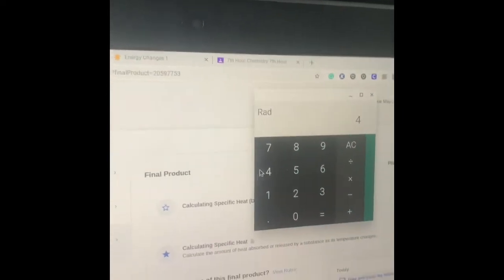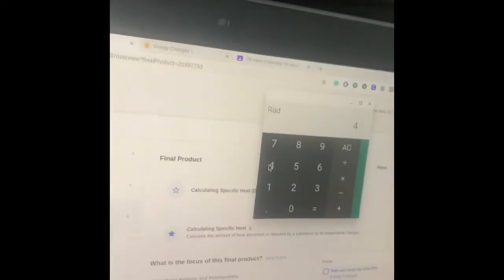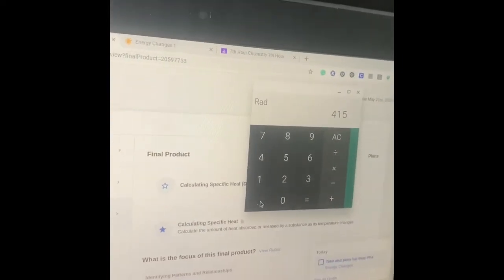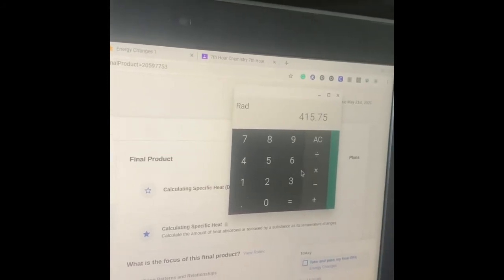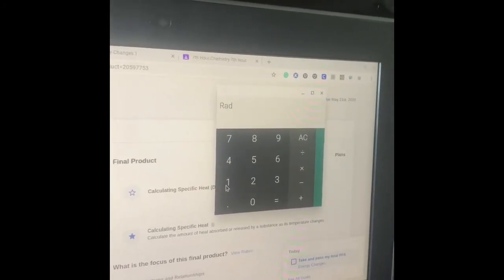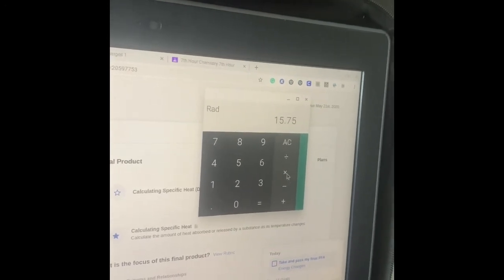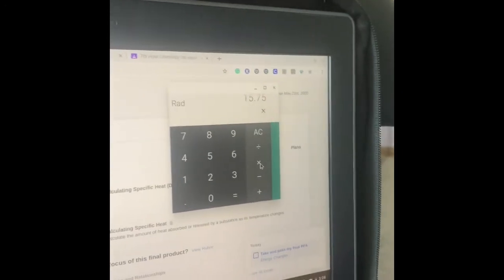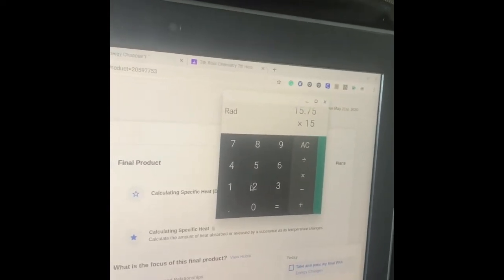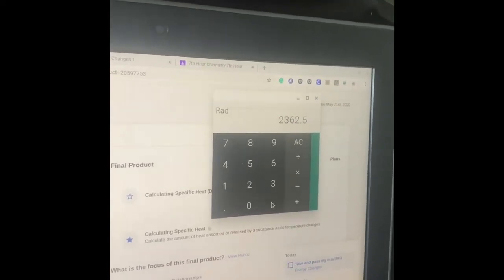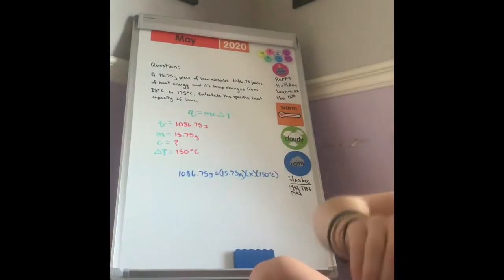So, we have 15.75 times 150, and that gives us 2,362.5.